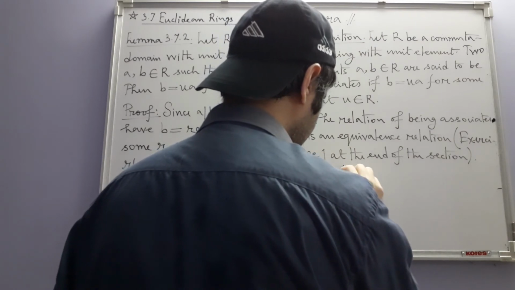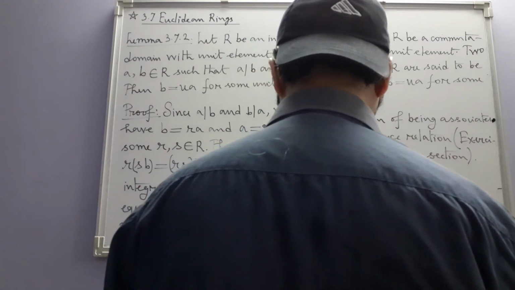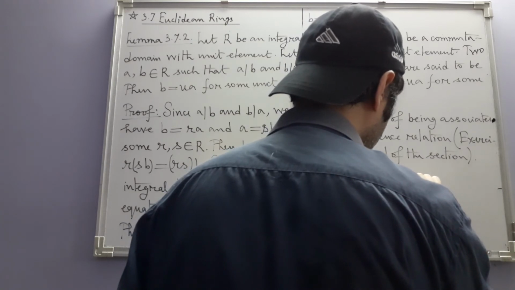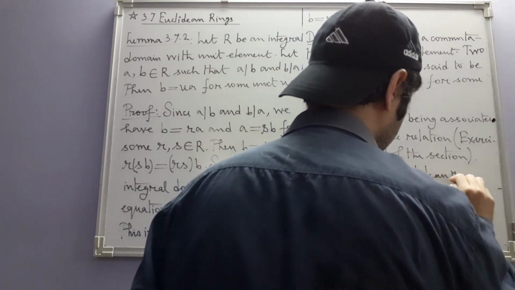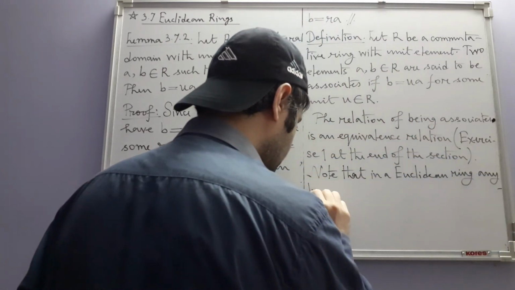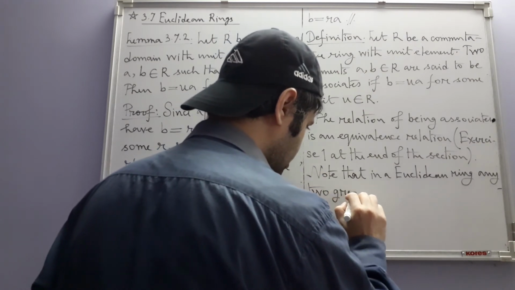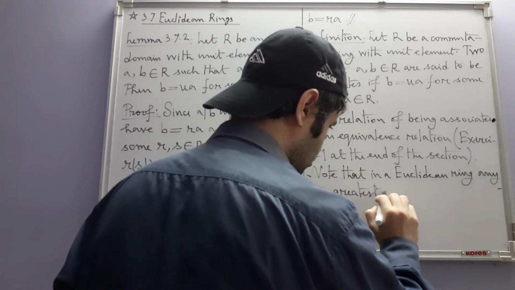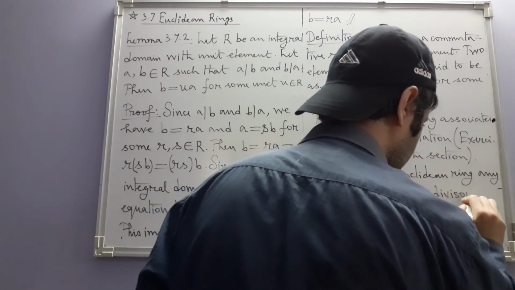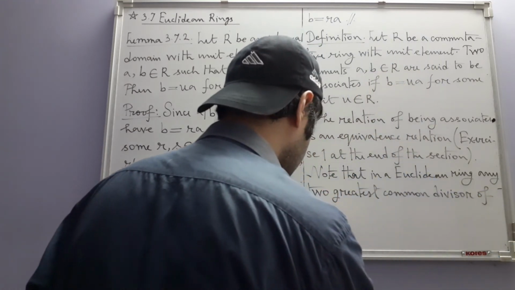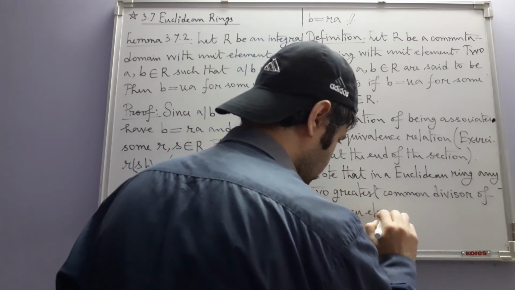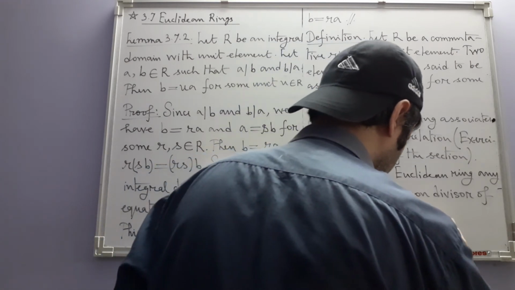Note that in a Euclidean ring, any two greatest common divisors of two given elements are associates.